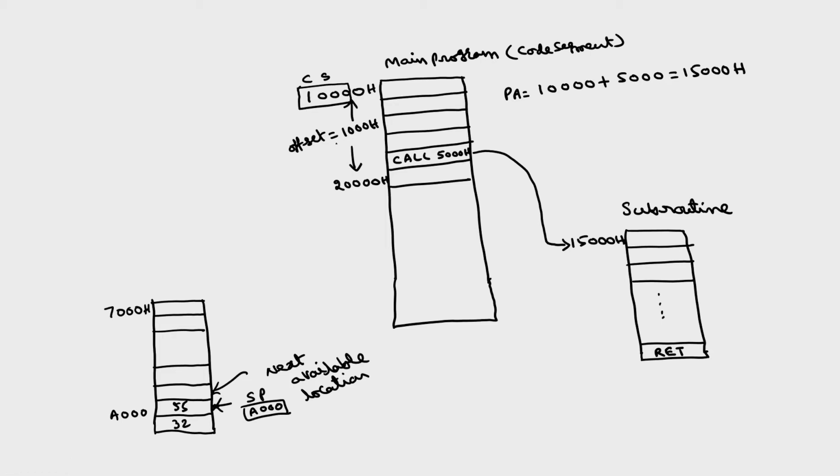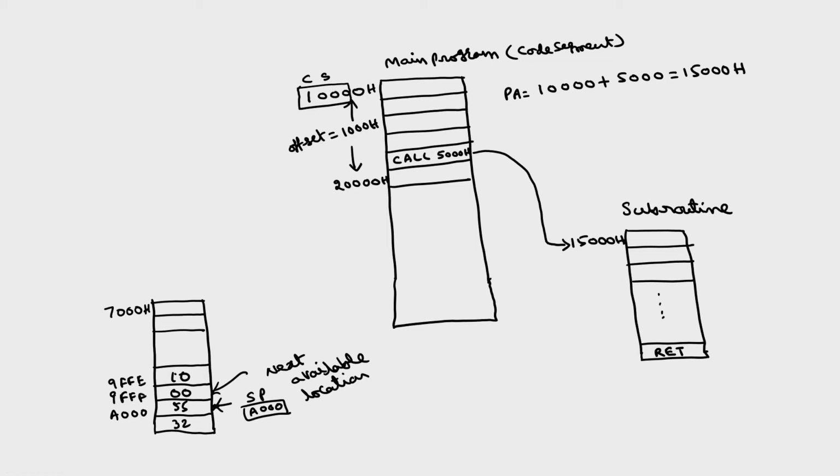So, this offset which is 1000 will be stored here. In that 1000, 00 will be stored here, 10 will be stored here. Now, the stack pointer will point to this address. If this is A000, this will be 9FFF and this will be 9FFE.